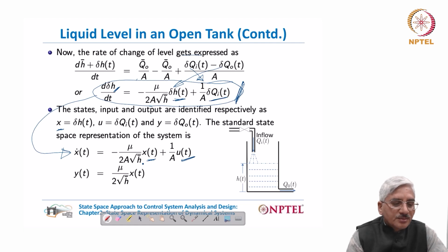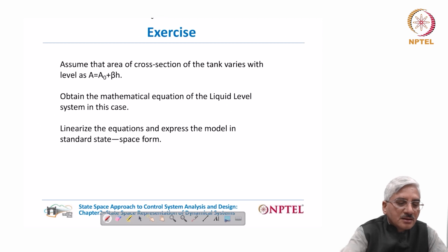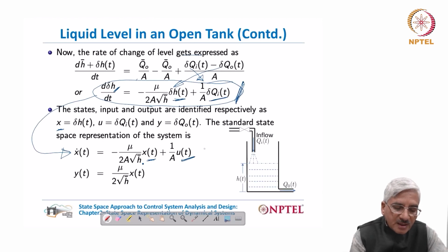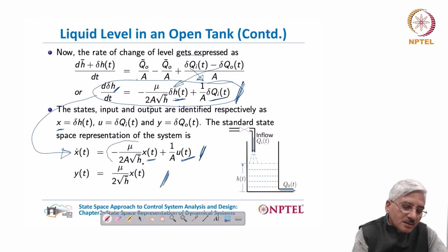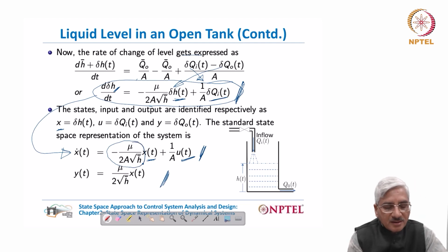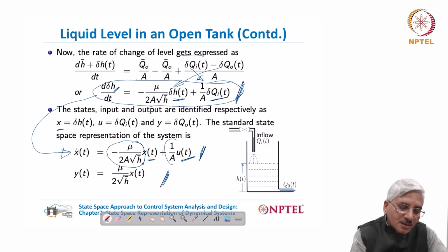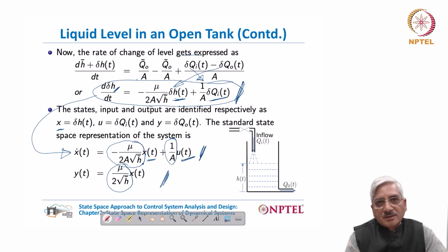So this system, the liquid level in the open tank, gets expressed by this state equation and this output equation. Of course, the system matrix consists of just one variable. It is just a 1 by 1 matrix. The input matrix also is just a 1 by 1 matrix, and the output matrix is also a 1 by 1 matrix.